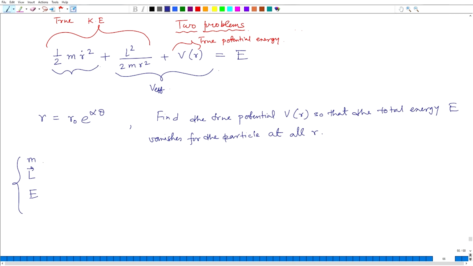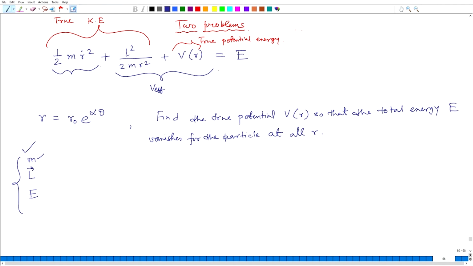These three things are conserved quantities and you should know them, because they can be determined either from external sources, for example mass one has to give you, and L and E you can determine from the initial conditions, because they are constants of motion.